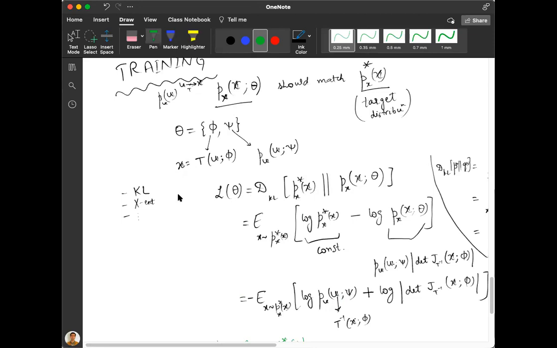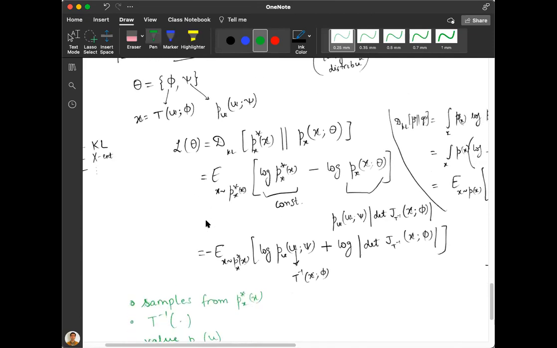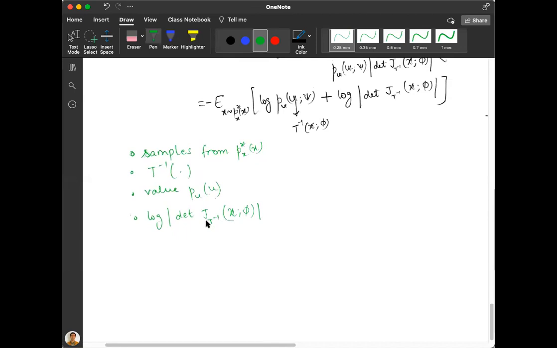No, sir. So then does it mean that if I use the other form, basically D_KL of P and P star, it will lead to some other results? Yes, it will lead to some other results.